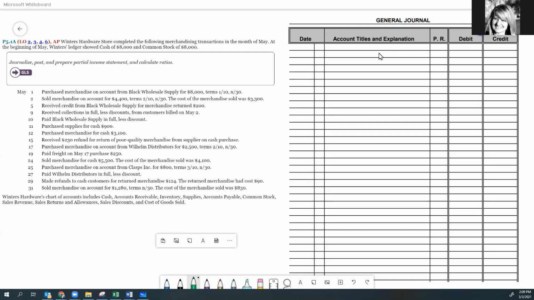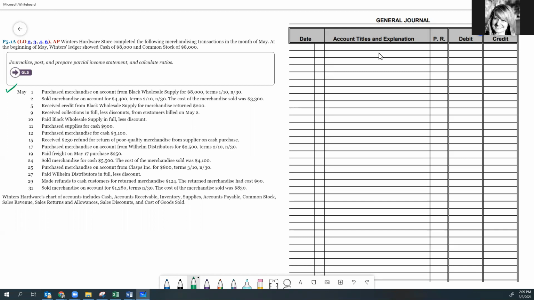So let's talk about May 1st. On May 1st, we purchased merchandise on account from Black Wholesale Company for $8,000, terms 1/10, net 30.